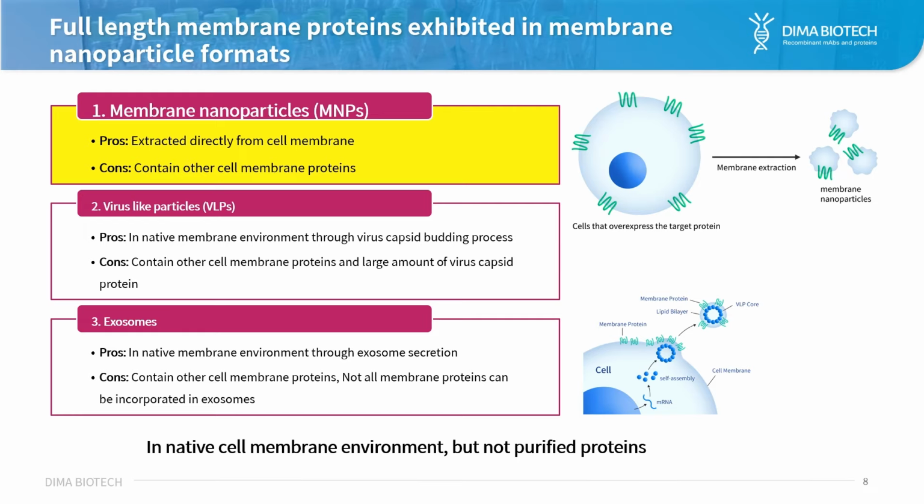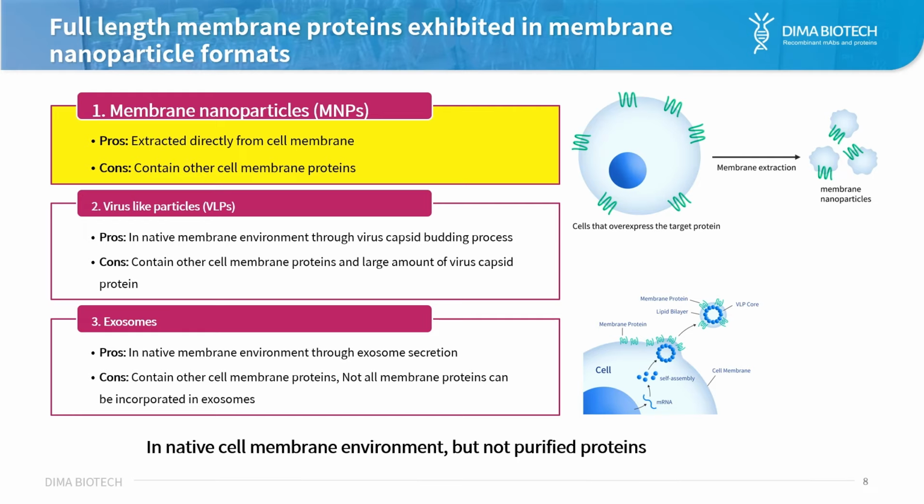In addition to our proprietary MNP solution, we also have the well-known Vyepti and Exosome platforms. The Vyepti uses virus capsid protein. When this protein is expressed in the cells, it can self-assemble into vesicles and bud out from the cells.